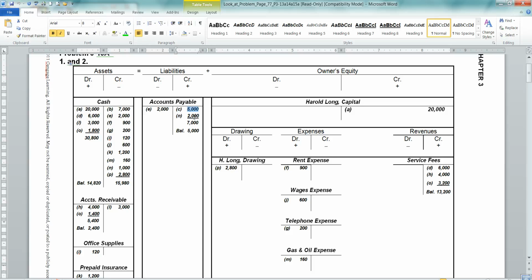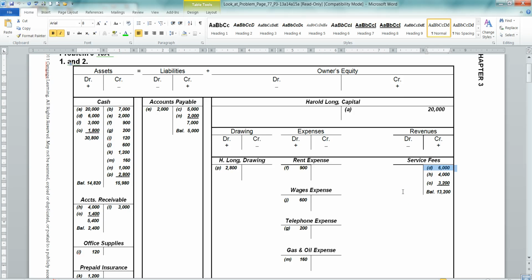Next, received cash for services rendered. We got paid. Receiving is always going to increase our cash. And we received a service fee. Revenues are also increased by a credit.